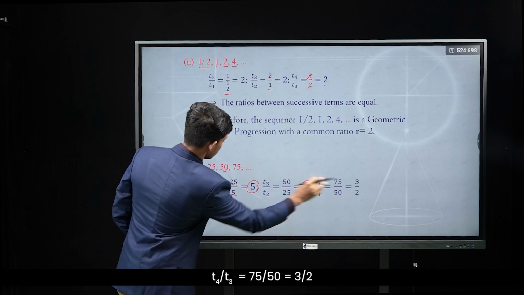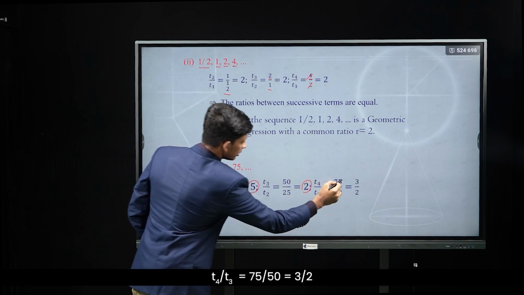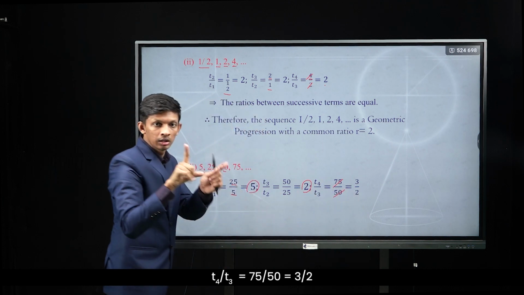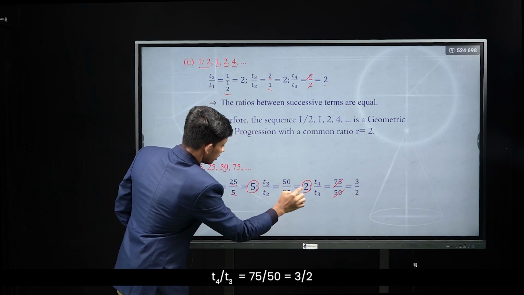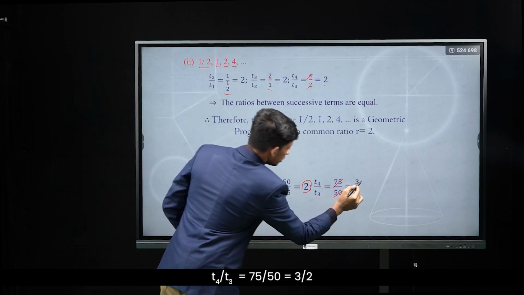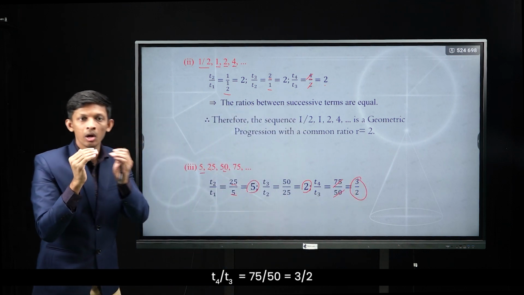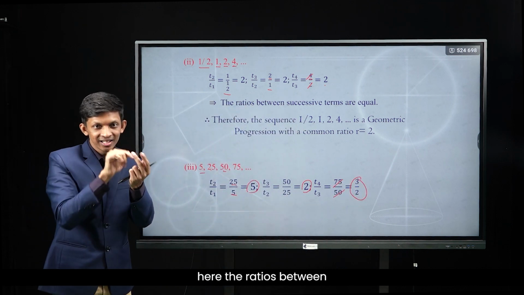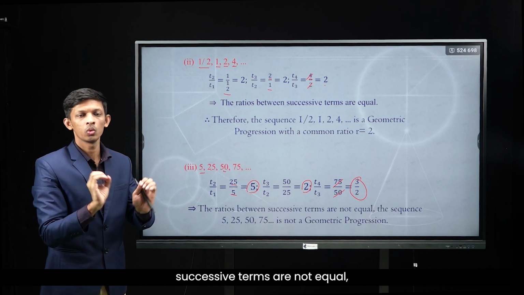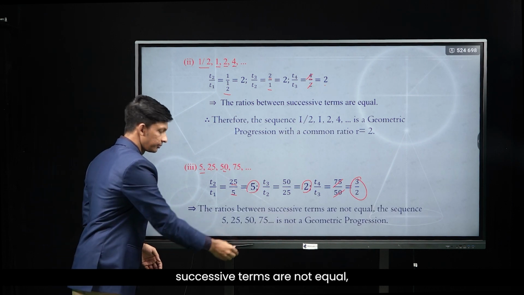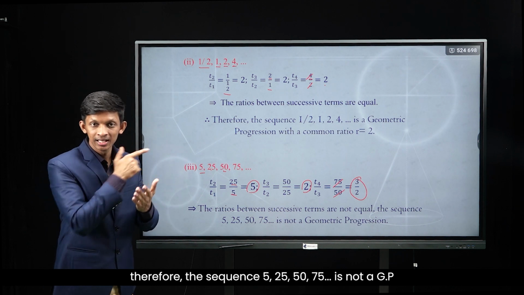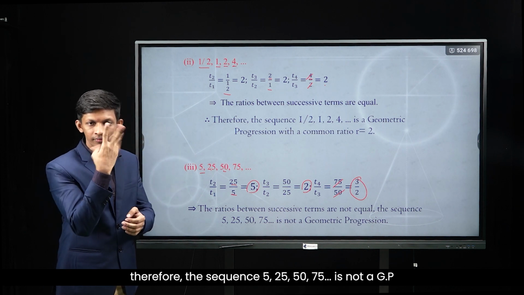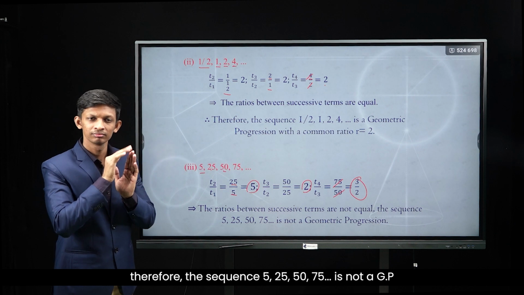T4 by T3 is equal to 75 by 50, that is equal to 3 by 2. Here the ratios between successive terms are not equal. Therefore, the sequence 5, 25, 50, 75 is not a geometric progression.